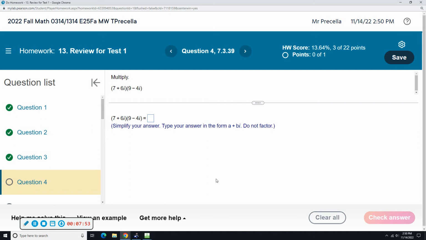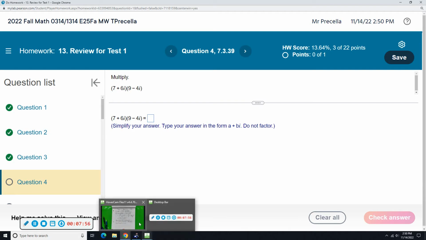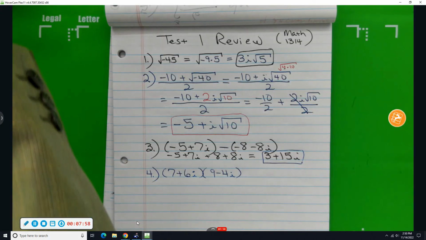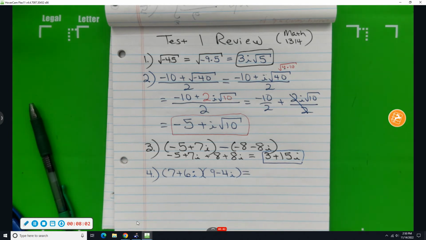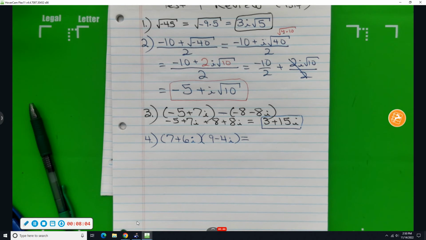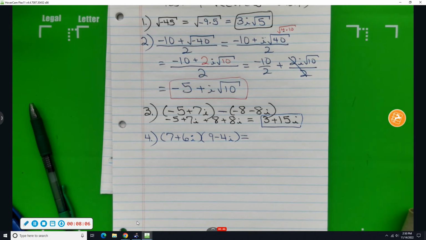As I said, the algebra for complex numbers is very similar to just the algebra involving variables.